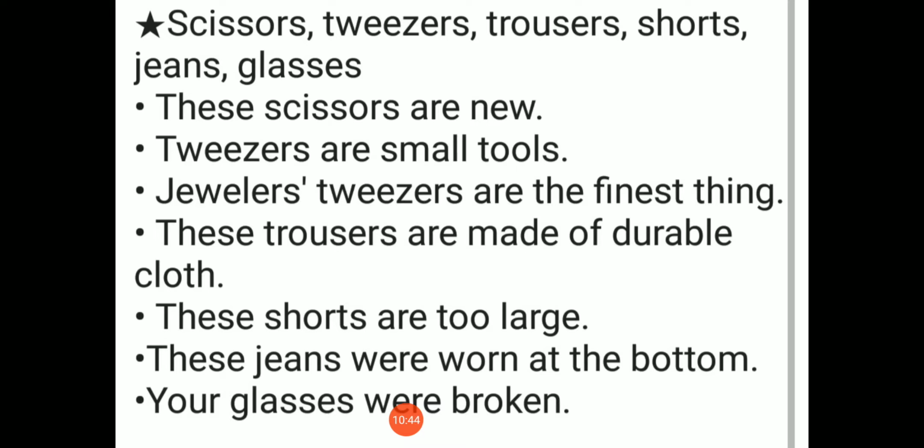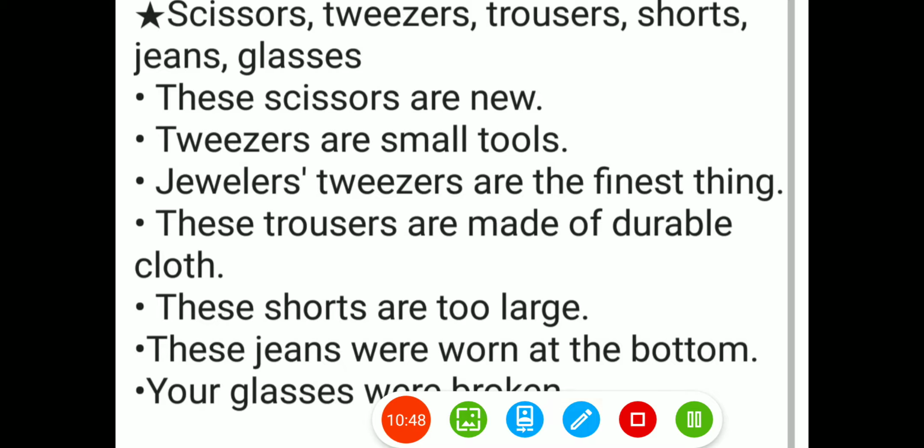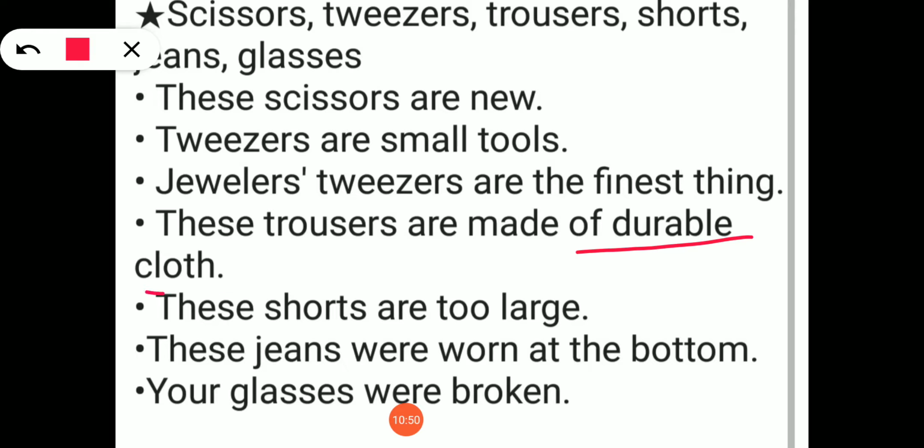Okay, next one, trousers. So these trousers are made of durable cloth. Durable cloth means fine cloth, good long-lasting material, we say. Next one, shorts. These shorts are too large. These jeans were worn at the bottom. Worn, I think you know the meaning of worn. So these jeans were worn at the bottom.